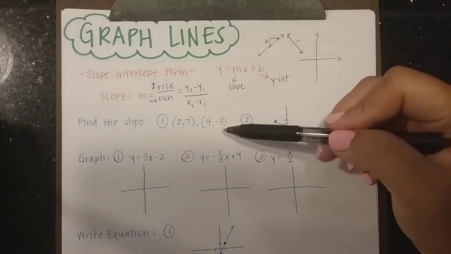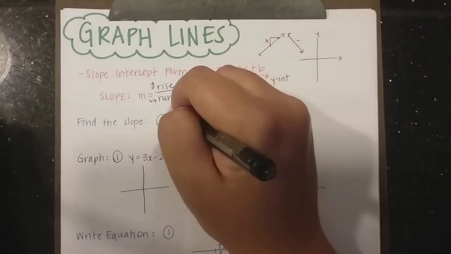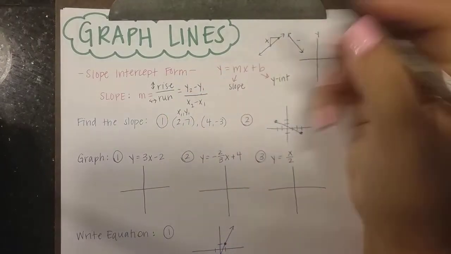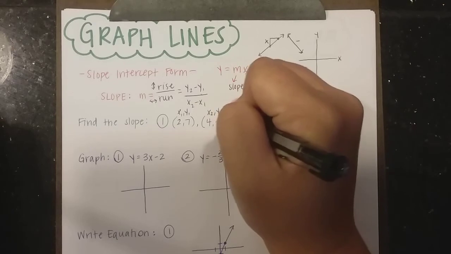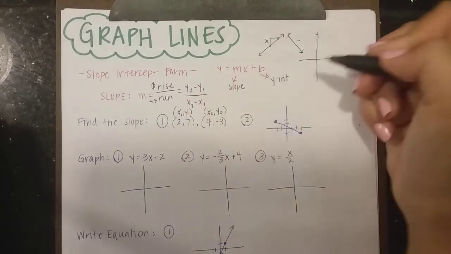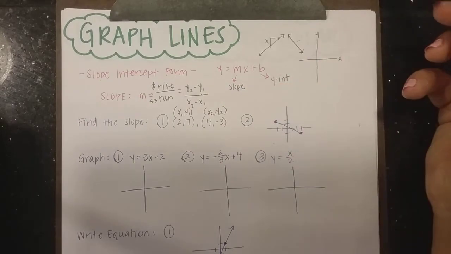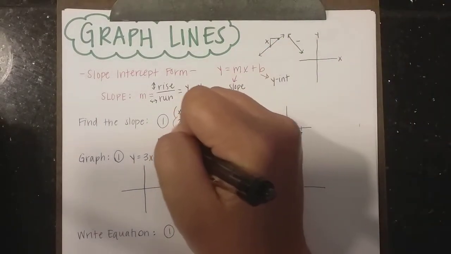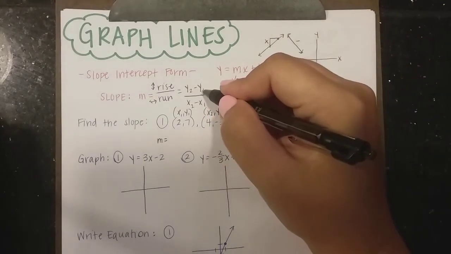For these two examples, in the first one I gave you 2 points. I'm going to consider this to be my x1, y1, because there's my first x value and my first y value. And over here we have x2, y2, my first point and my second point. All I'm going to do is plug into my formula. So m equals, and now we have to do the second y minus the first y.